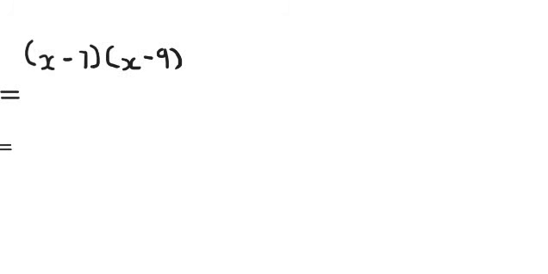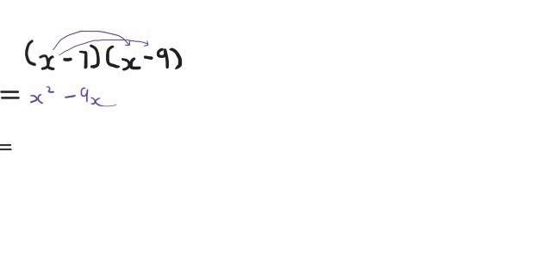Question 5. It is basically the same except we have two negative numbers. One in the first bracket and one in the second bracket. It starts as usual. x times x, which equals x squared. Then we have x times minus 9, which will just give you minus 9x.